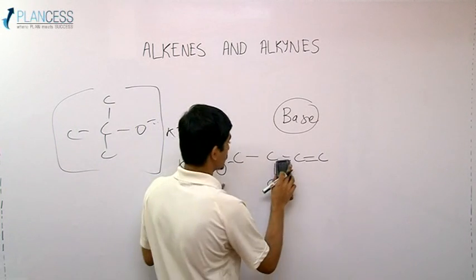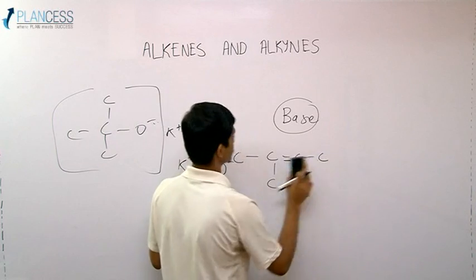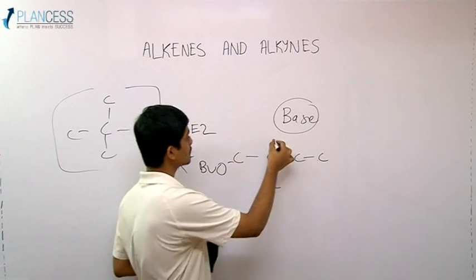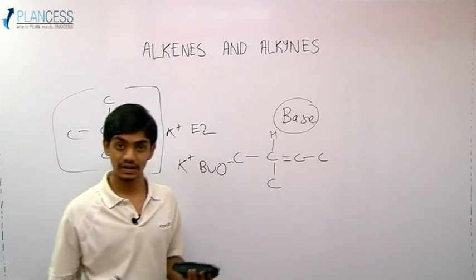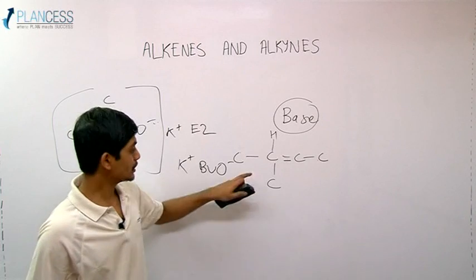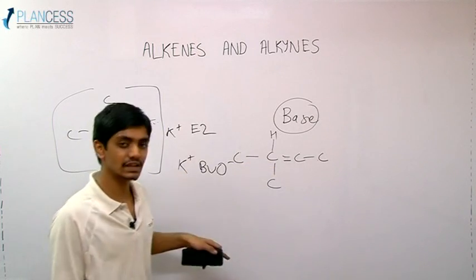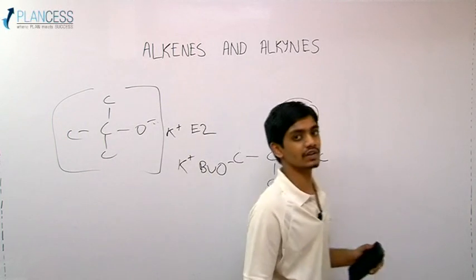But if I take a bulky base like this one, then this hydrogen would be really difficult to abstract, because it is bulky and already this is a tertiary carbon.